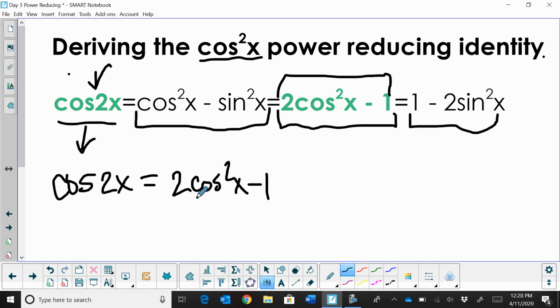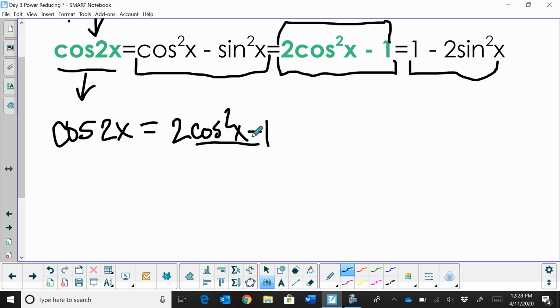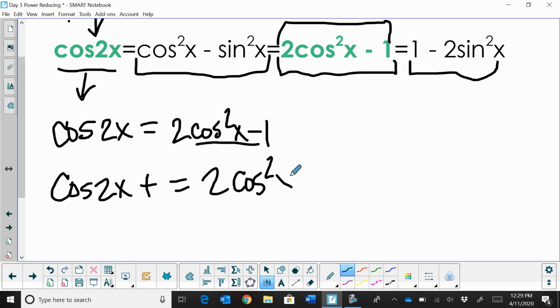And all we're going to do is isolate the cosine squared. So I'm going to first add 1. So let's take cosine of 2x, and we're going to add 1 to that. And that's going to give us 2 cosine squared x, and then divide by 2.